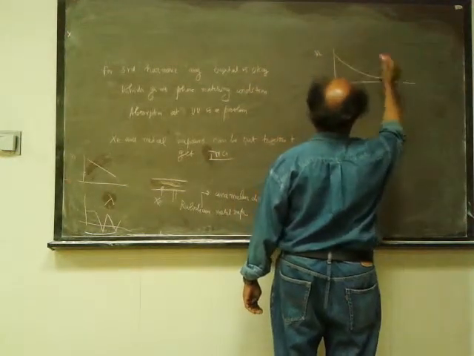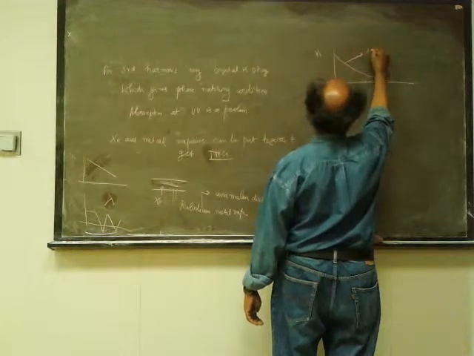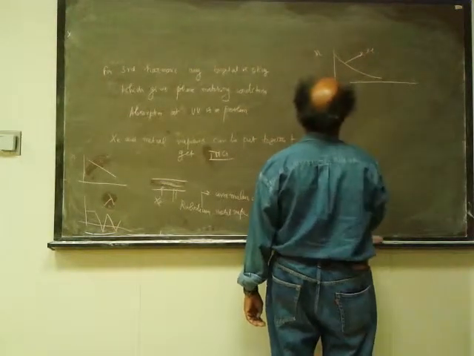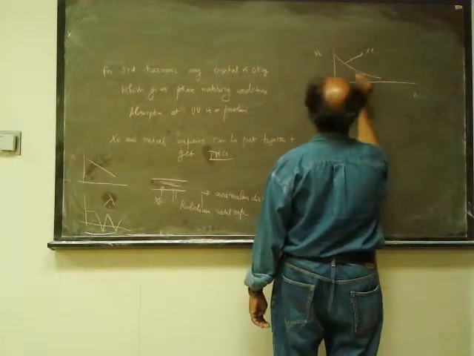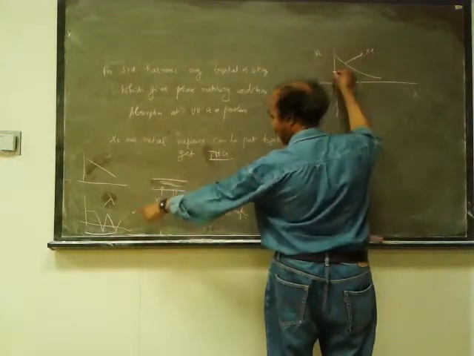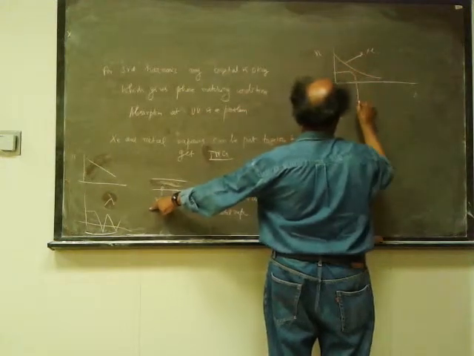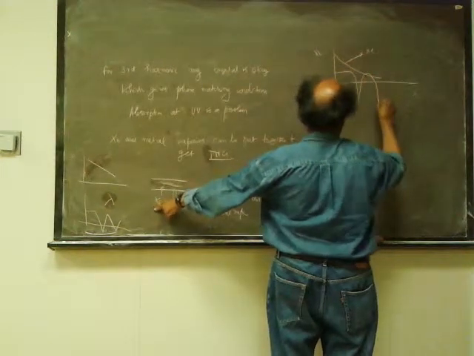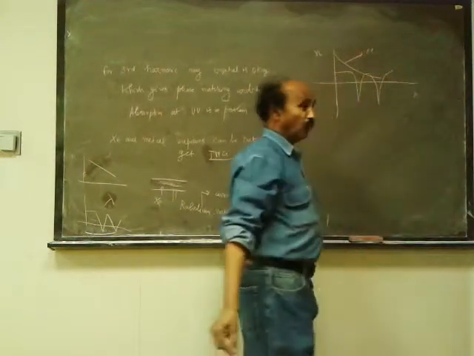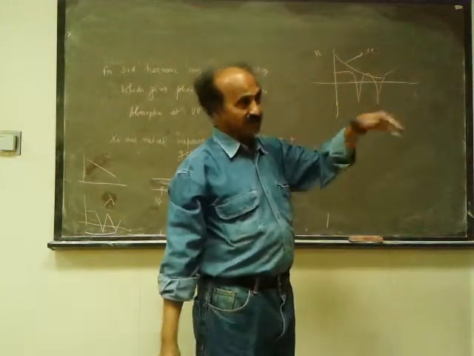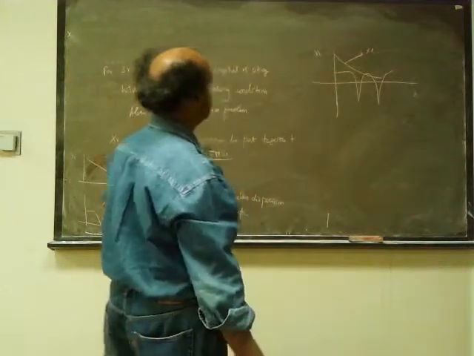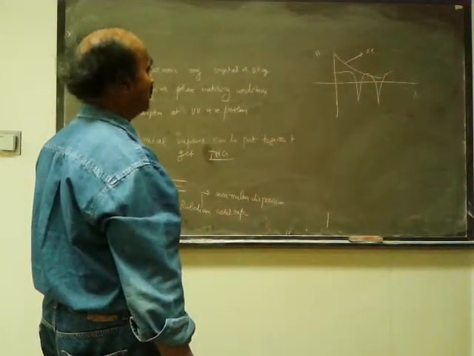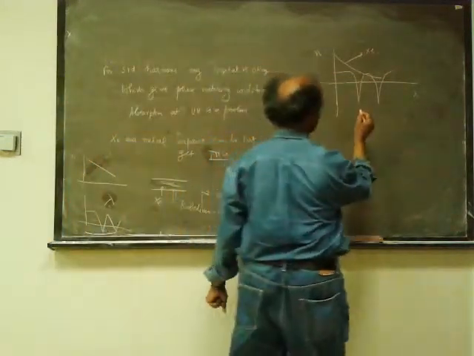This is for xenon, this is wavelength. Then look at it. For rubidium, it goes like this. Why it goes like this is another story, which I don't want to go into detail. This is called anomalous.